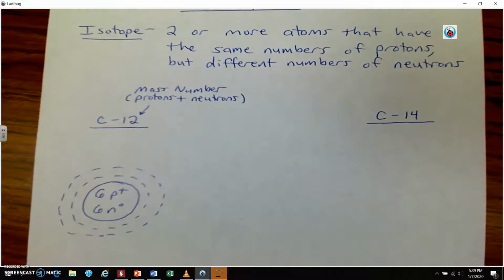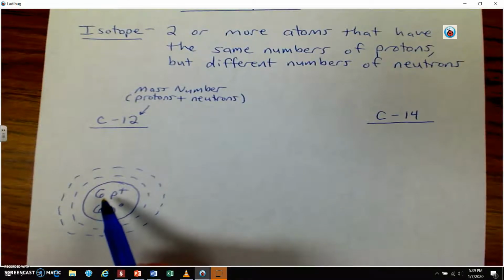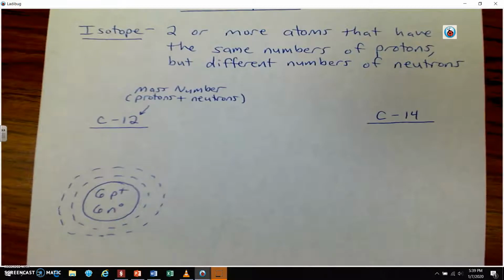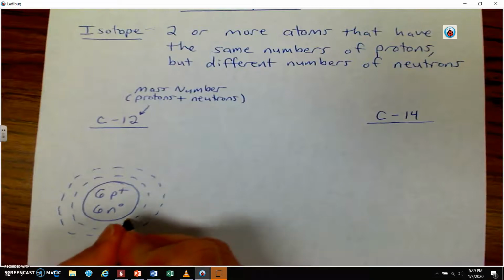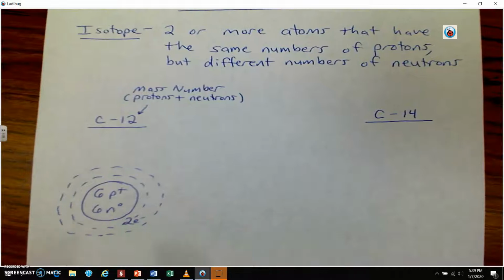And then let's make this a neutral atom. So since it has 6 protons, we're also going to give it 6 electrons. But remember the rule that says we can only put 2 on the first dotted circle. So we're going to use our short notation of putting 2e negative for 2 electrons.